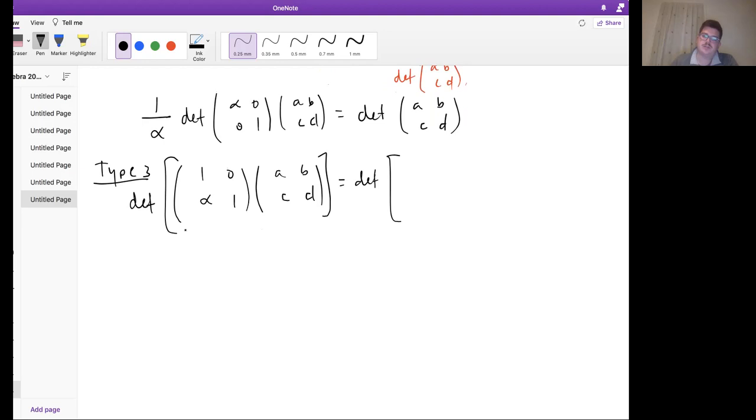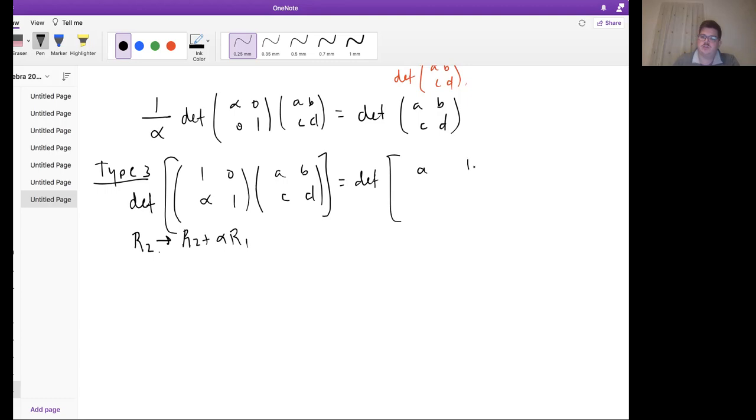Let's talk about an inverse. Other way around though, row 2 plus alpha row 1. Right, so if you know that, you don't need to do the multiplication.